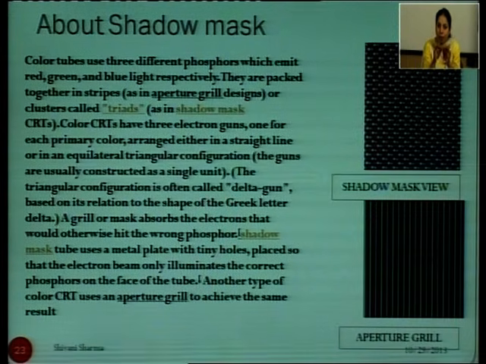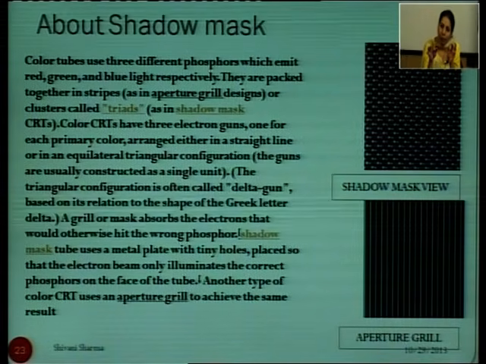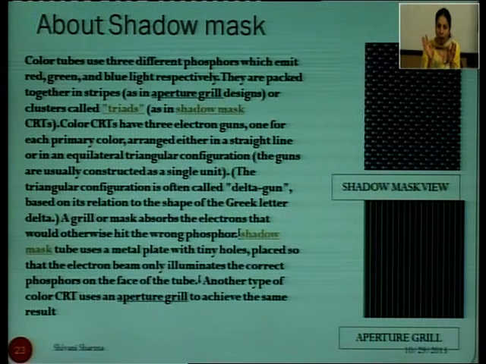The shadow mask is a mask with various holes, and through these holes a specific color of beam can pass and strike the phosphorus screen, forming an image. Color tubes have different phosphorus screens which emit red, green and blue light respectively, packed in strips, and forming clusters which are called triads.